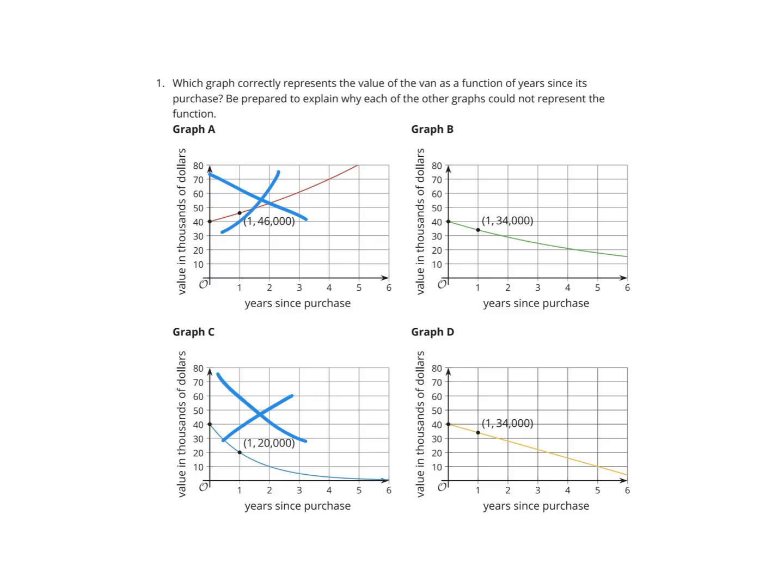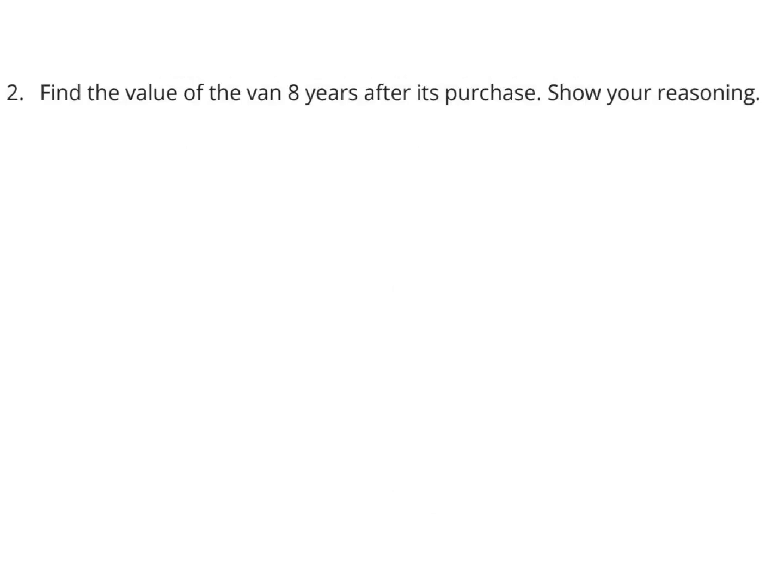Graph B and C both at 1 year are 34,000, but graph B is the only graph that's exponential. It has a curve. Graph D is a straight line. Exponential functions are not linear. So graph B is the only proper choice. This does not work.